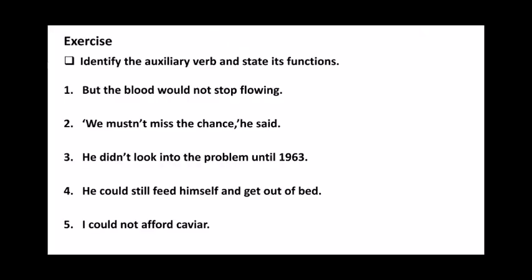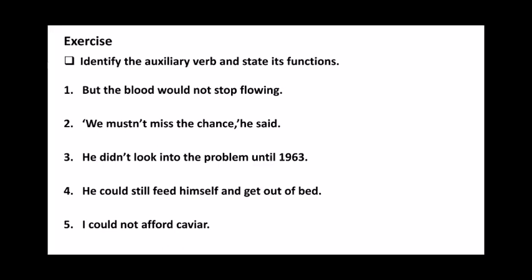Now let's do an exercise. Here you need to identify the auxiliary verb and state what it functions as. The first sentence is, but the blood would not stop flowing. So children, what do you think is the auxiliary verb here?